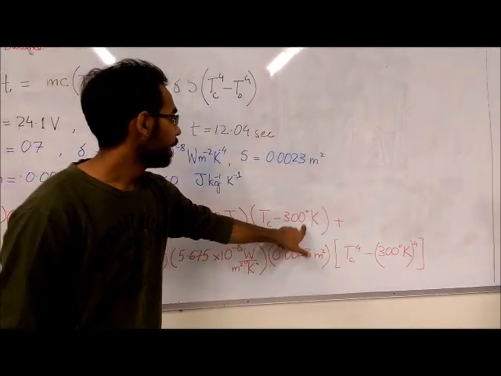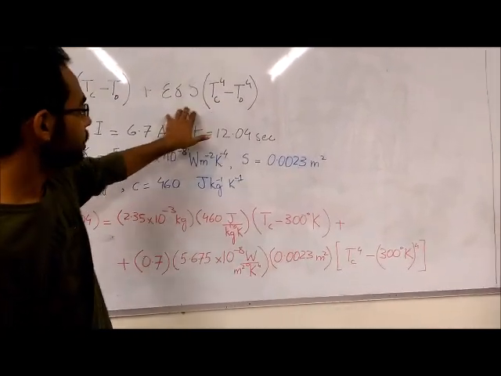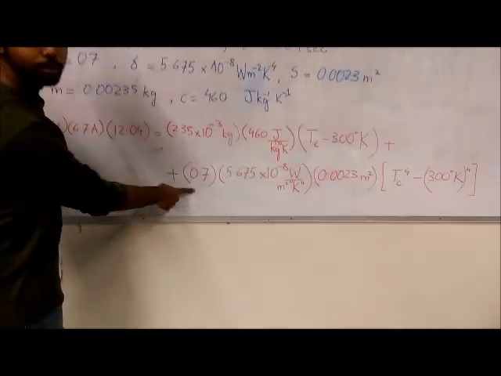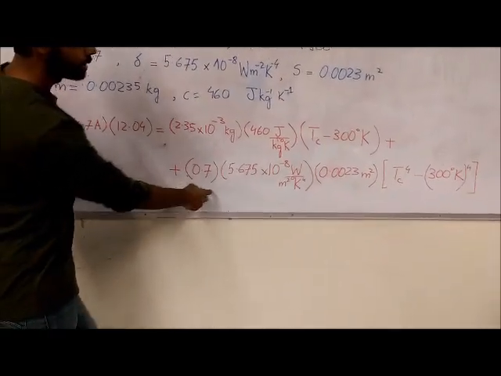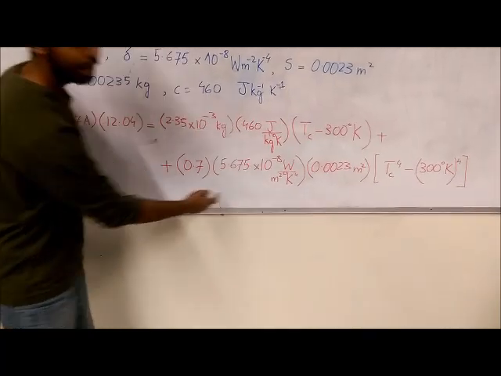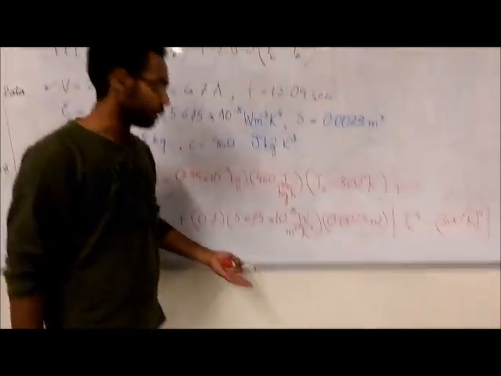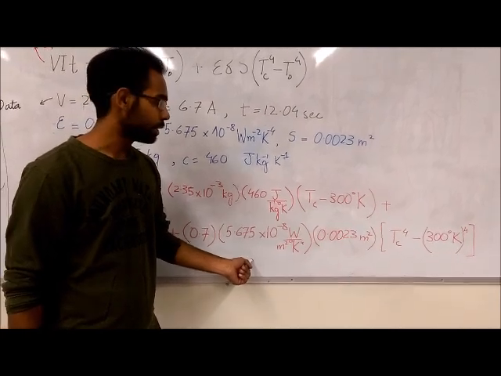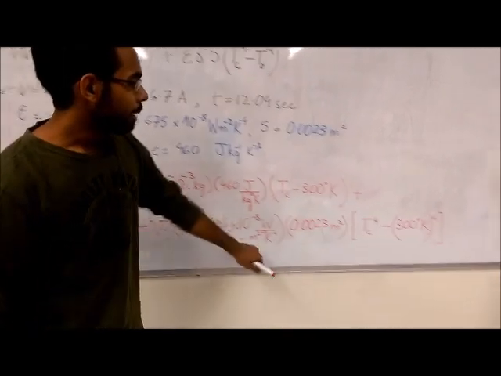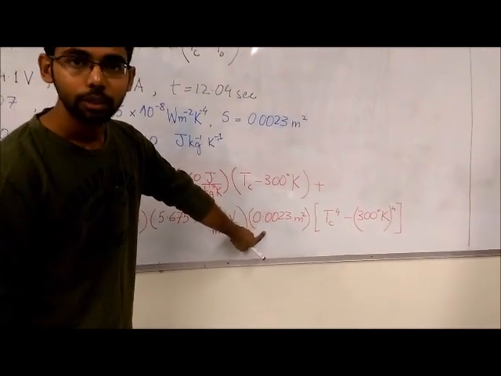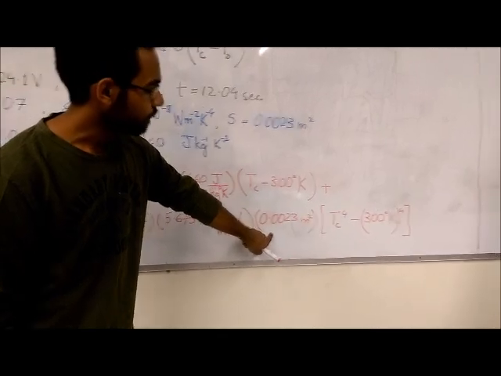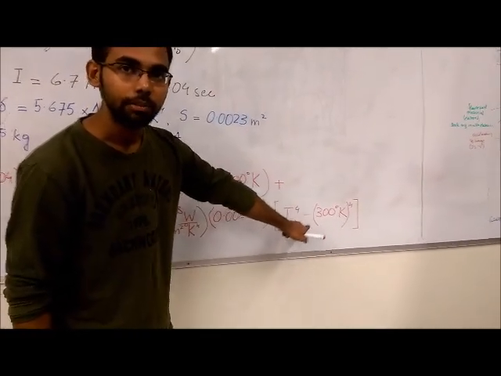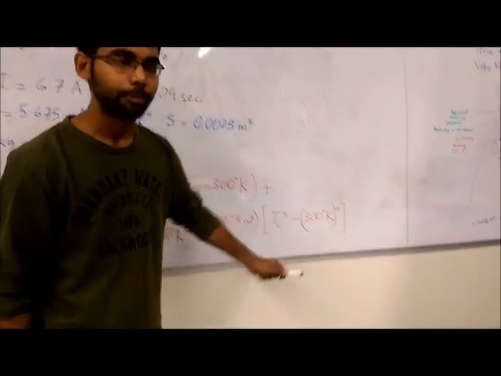And for this other part of the equation, we found the emissivity to be 0.7, and the Stefan-Boltzmann constant is given as 5.675 × 10^-8 watts per meter square per degree Kelvin raised to power 4, multiplied by the surface area of the coil that we use. And similarly again here, Tc raised to the power 4 minus room temperature raised to the power 4.